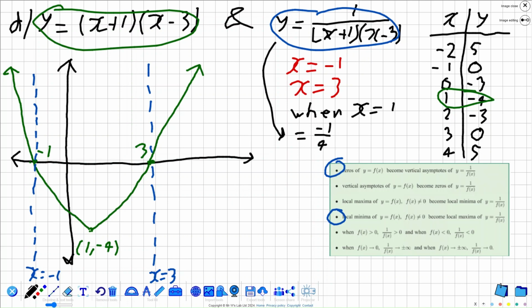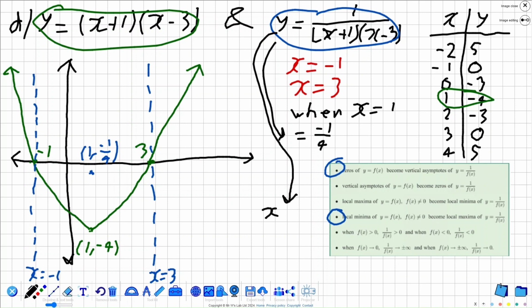So we know it's going to be, making sure we do it in blue, about here somewhere. I might as well label that as 1 and -1/4, like that.